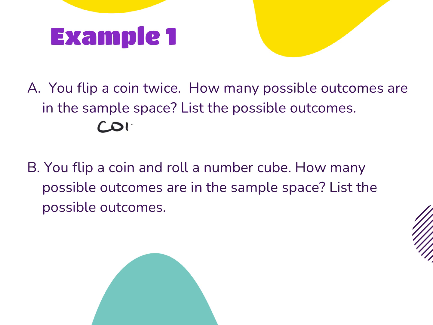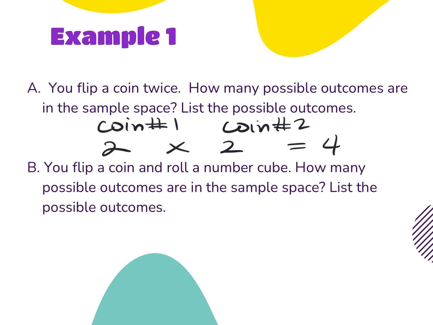So coin number 1 has 2 outcomes. Coin number 2, still the same, 2 outcomes. And you're going to multiply the number of outcomes. So in total, if I make an organized list, I should be able to find 4 outcomes.